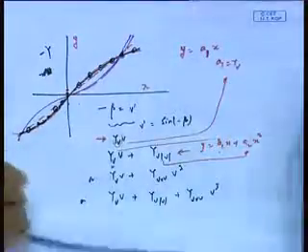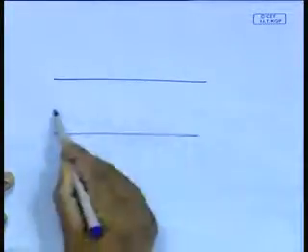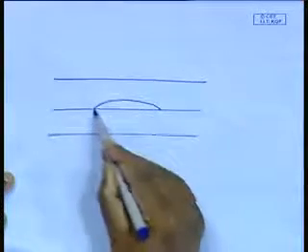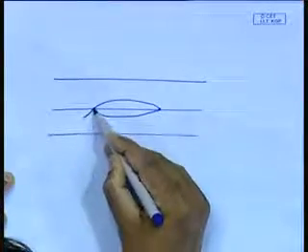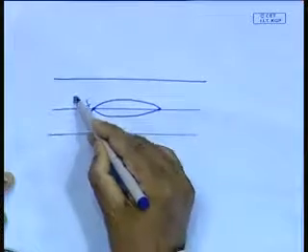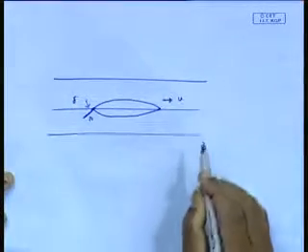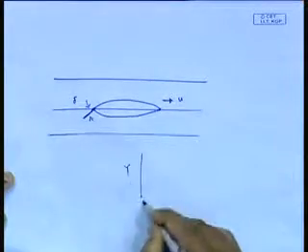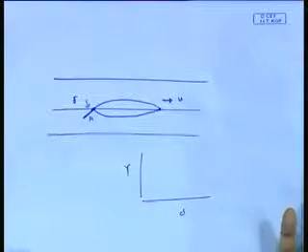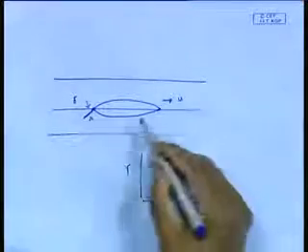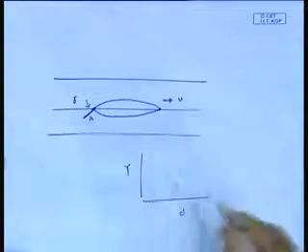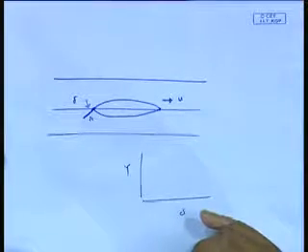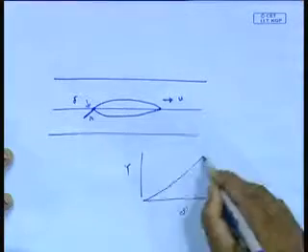I will now tow the model with V equal to 0, but with a delta. Then I will measure Y versus delta. Remember, my V is 0. I can do Y versus delta, then I can measure this.